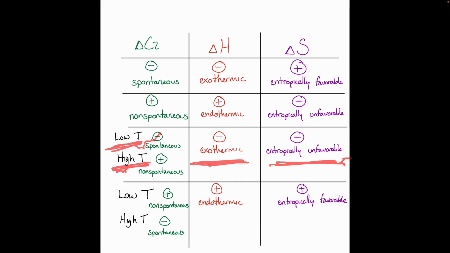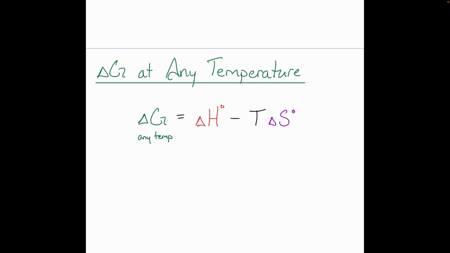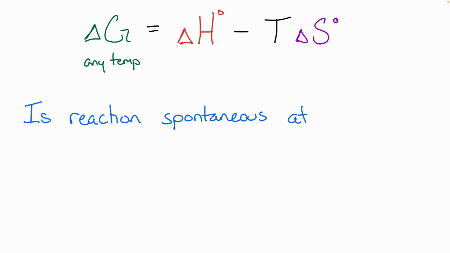So we know that it's good at that 298 Kelvin, but now let's ask, just for the sake of time, and we've already calculated, is this same reaction spontaneous at, and let's crank up the temperature. Not 298, let's go all the way to 350 Kelvin.